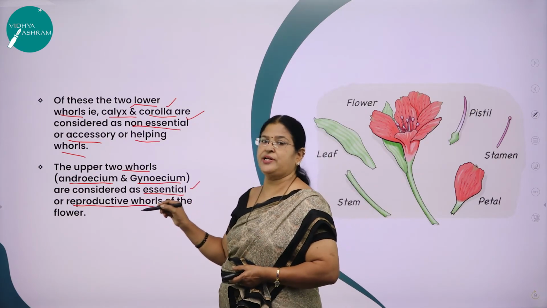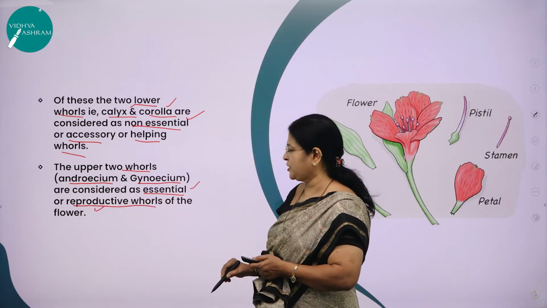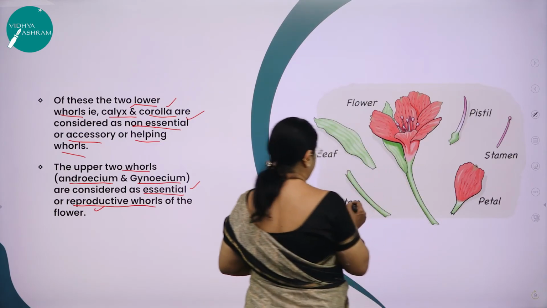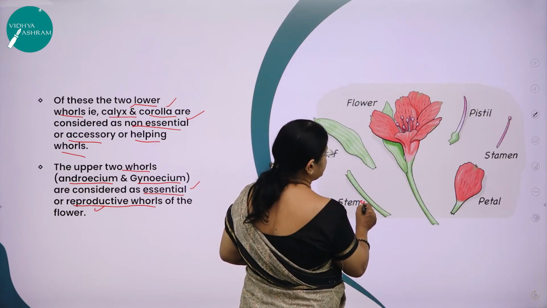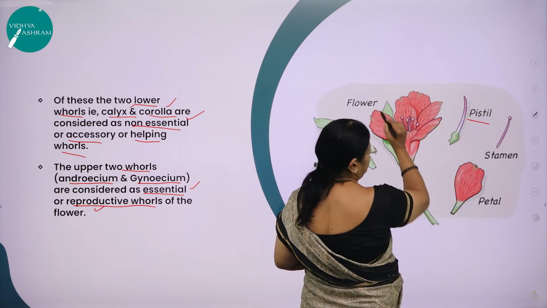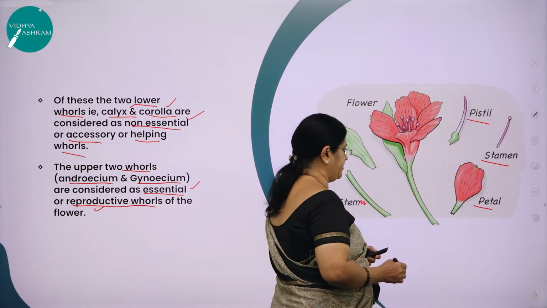And because they are involved in sexual reproduction, we use the word reproductive whorls, right? Here you can see the picture, that is the stem here, and you can see the stalk here, the pistil, the flower, the stamen and the petal. Here this is the sepal, right?